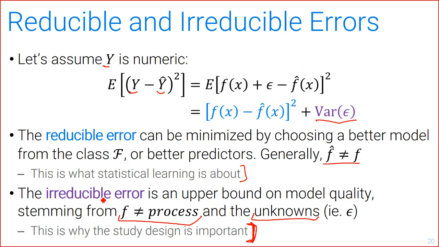The only way to get better at irreducible error is to better understand the process, to get more knowledge about it, and to make sure that you measure all the relevant variables in your study. If you don't measure everything that is relevant, you're going to have a high irreducible error. It doesn't matter what fancy statistics you do, you are going to be able to reduce the reducible error, but not this one. So this is why it's important to have a good study design, to not just collect data and look at it to try to answer a question. You have to have the right data for it.